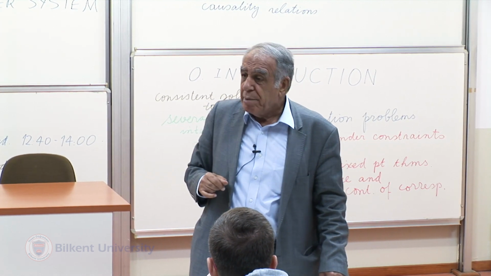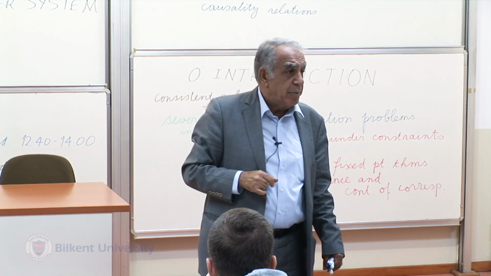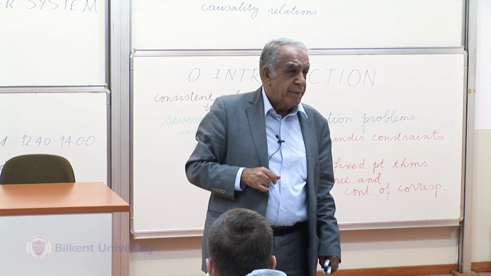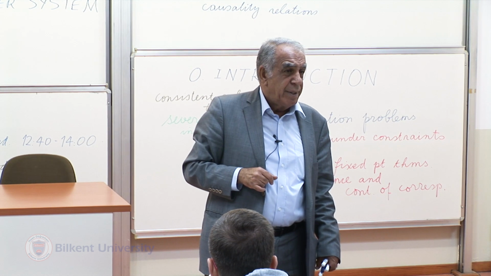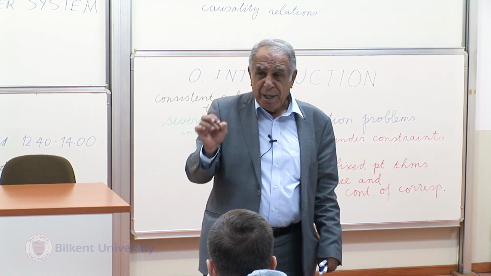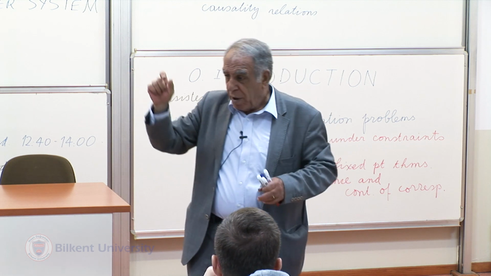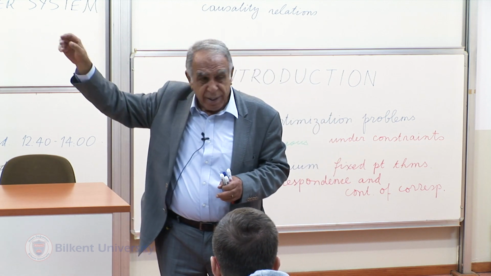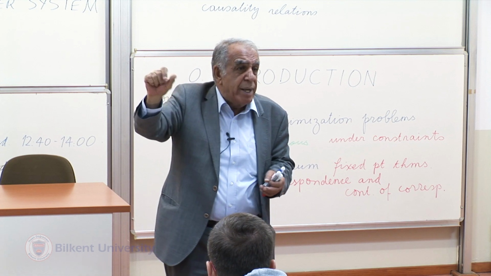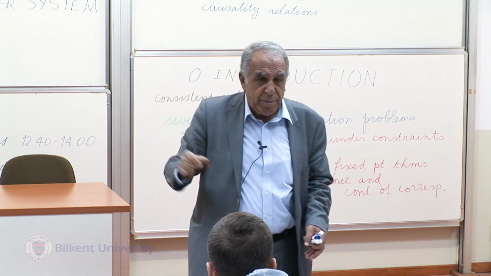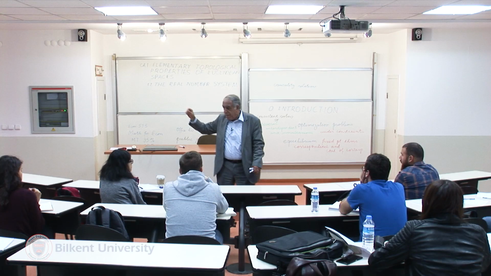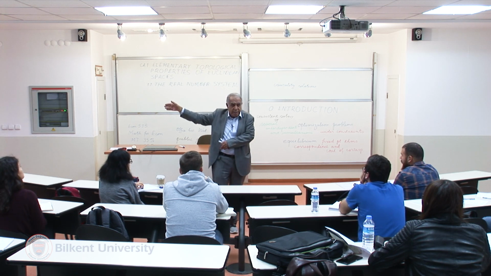What's the connection between addition and multiplication? They're both functions on R cross R into R. In one case, the pair A, B is taken to A plus B. In the other case, the pair A, B is taken to A times B.